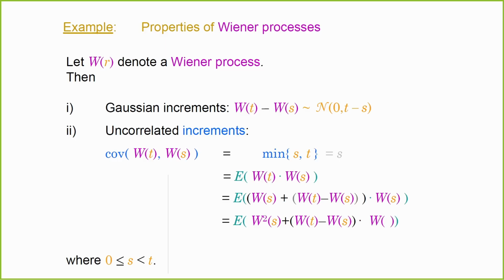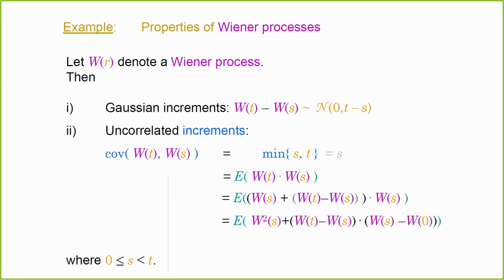And now I'm going to write down the process at time point s in terms of its increment from time point 0. So you have the process at time point s minus the process at time point 0, because the starting value is 0 almost surely. So this is an equality which is true at least almost surely.